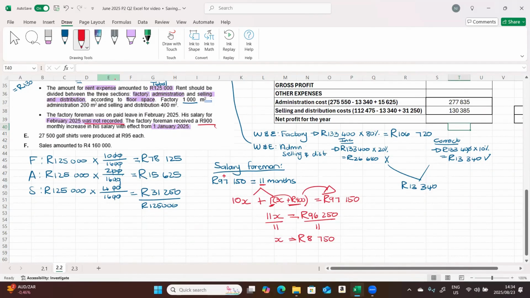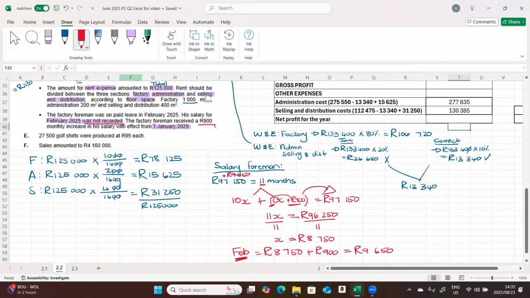But because we want the salary for February, we take the monthly salary without the increase and then add the 900 Rand, and then we will have our adjustment amount, which is 9,650. And there we just calculated the salary for February that was not recorded. So obviously we will have to add 9,650.